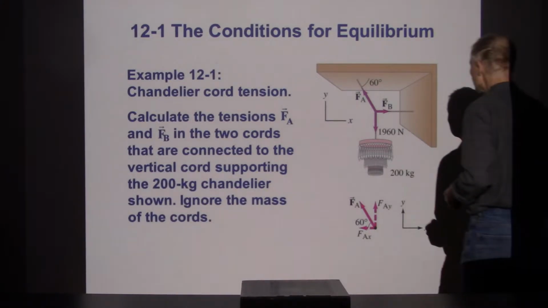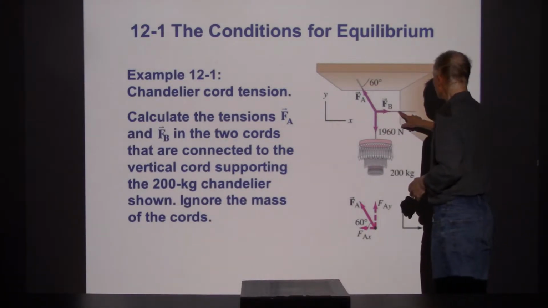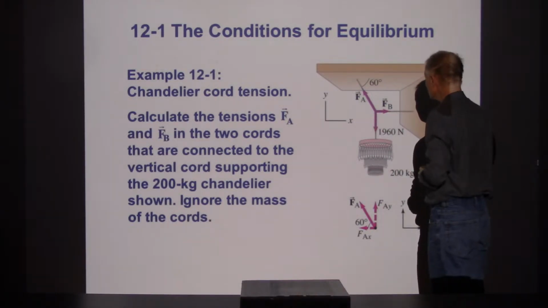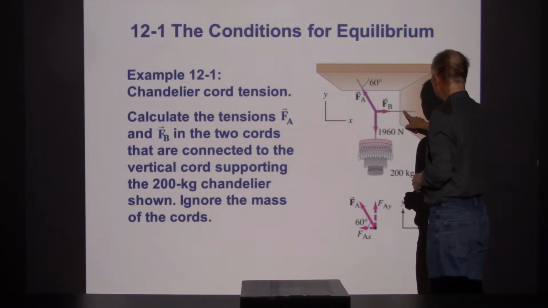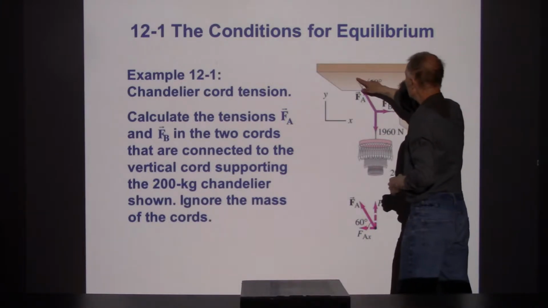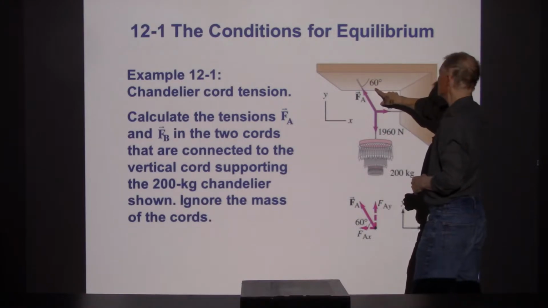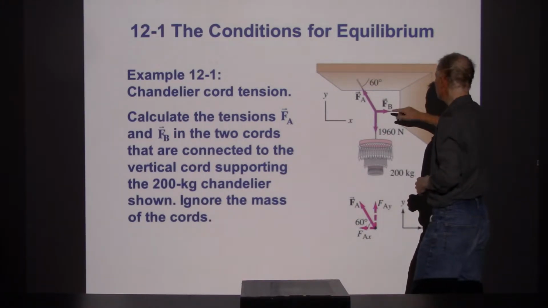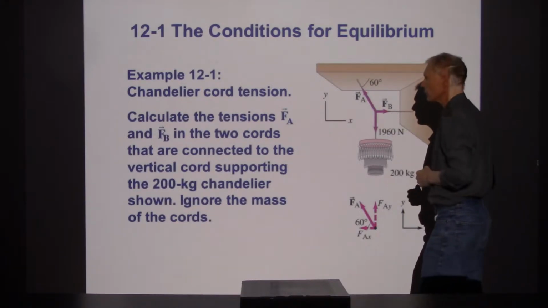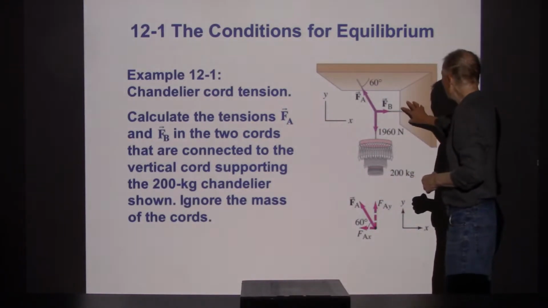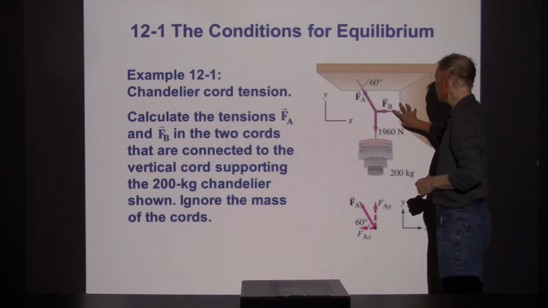That mg will be 1,960 newtons. Now, they're going to suspend this, not just directly to the ceiling, which I think looks better, but they're going to suspend this by pulling it to the side. So they'll have one cable that comes down 60 degrees compared with the ceiling, and then they'll have a tension in this cable pulling the chandelier out to the side. So what they want us to do is determine how much tension we'll need.